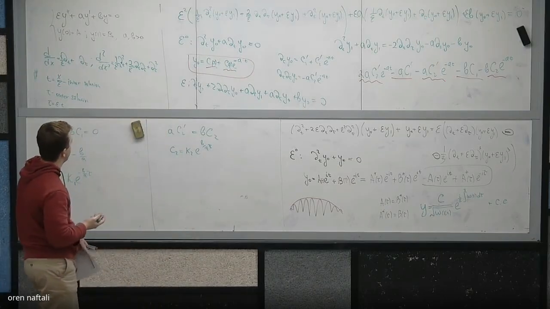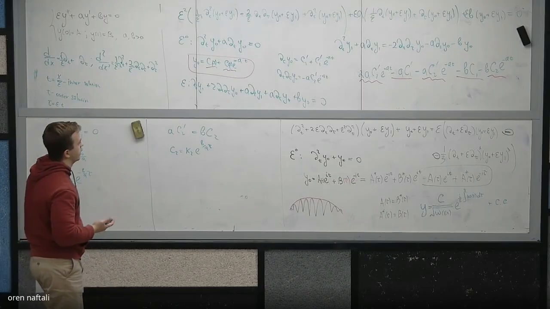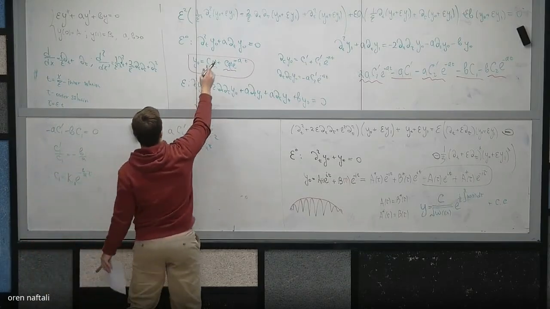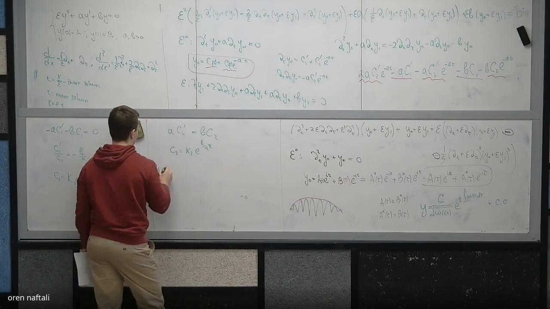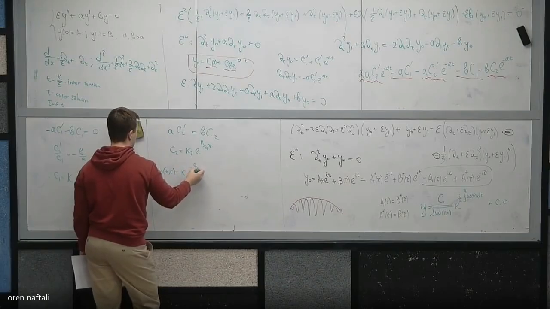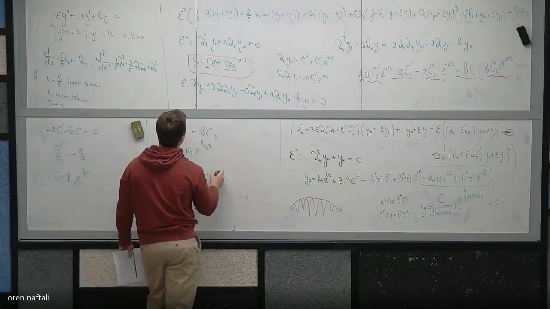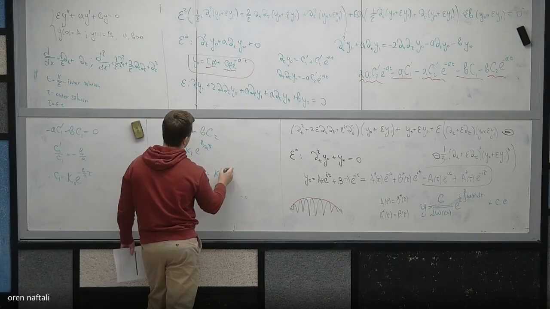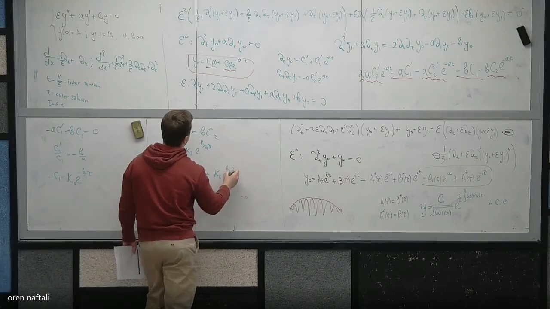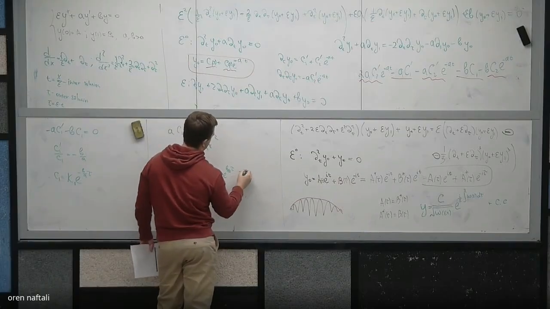Okay. And now to find what K1 and K2 are, I need to use the boundary condition. Exactly. So now I can write the solution. Here is my solution. So it's K1 e to the minus B over A tau plus K2 e to the B over A times tau, times e to the minus 18.